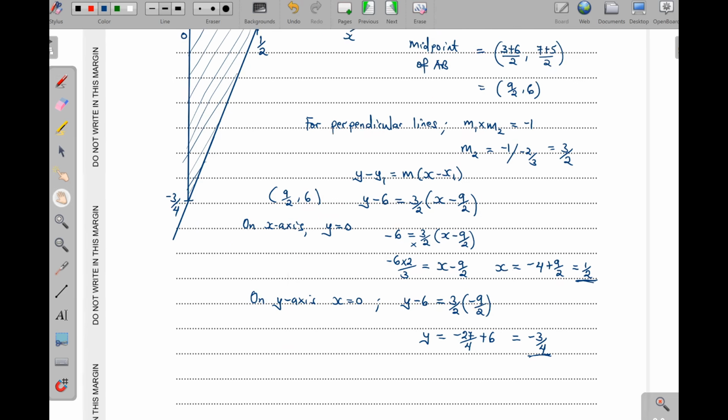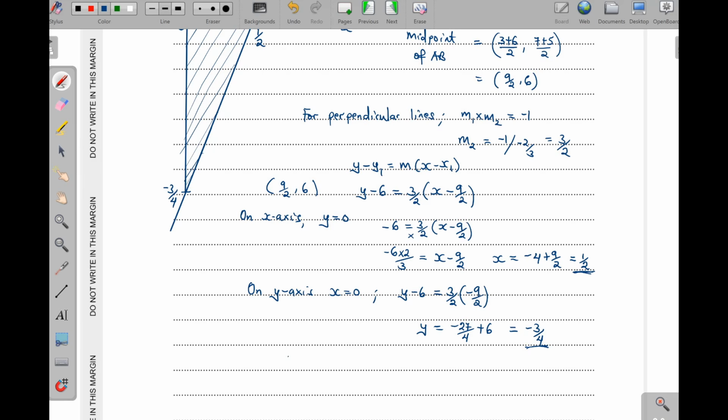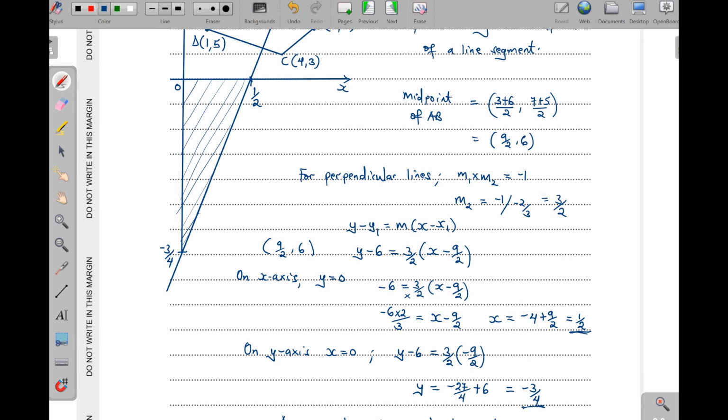So the area of the triangle formed, remember, is equal to a half times the base, then times the perpendicular height. Now, the base is going to be a half, like I told you here.